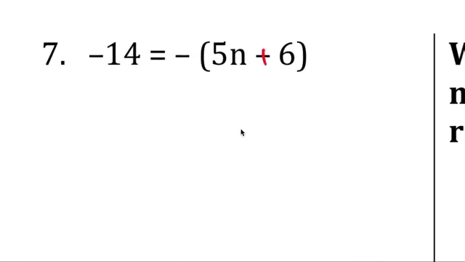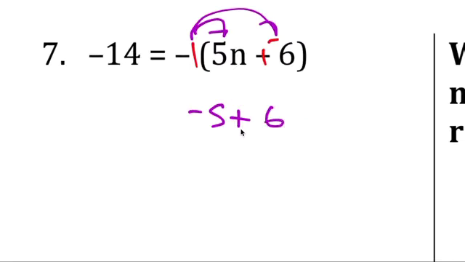Okay, additive inverse, invisible 1. Distribute. Negative 5 plus positive 6 because it's a negative and a negative. I forgot the n there. Equals negative 14. Make 6 equal to 0. Plus signs, you need to make one of them equal to 0.